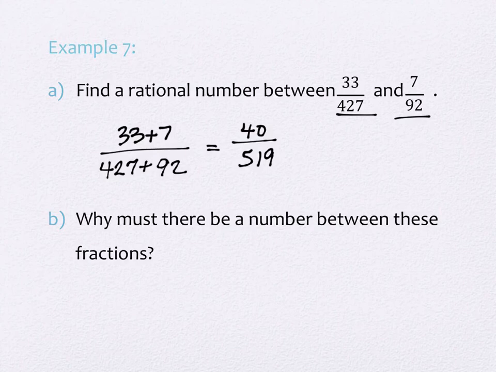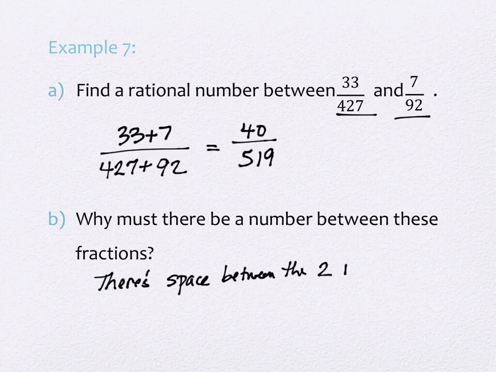There is this question that says, why must there be a number between these two fractions? There's infinite numbers and those aren't the same numbers, so there has to be something between them. Okay, I want to take what you said and make one change and use the word space or distance. There's space between the two numbers because they're not equal, right?